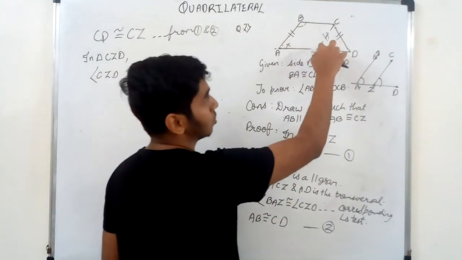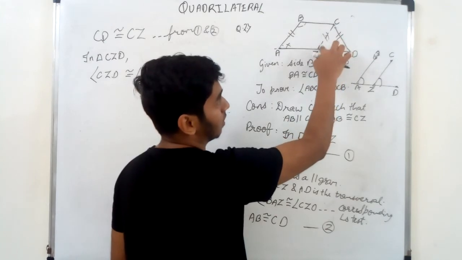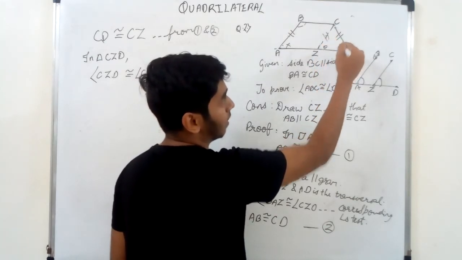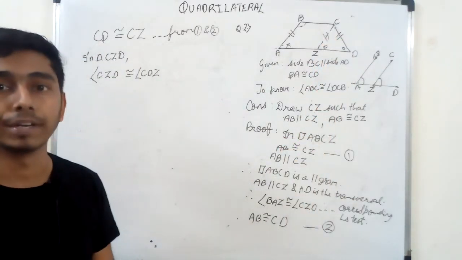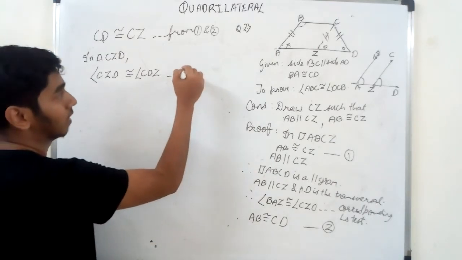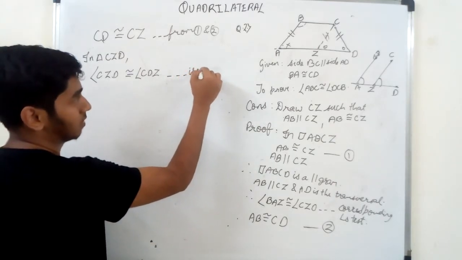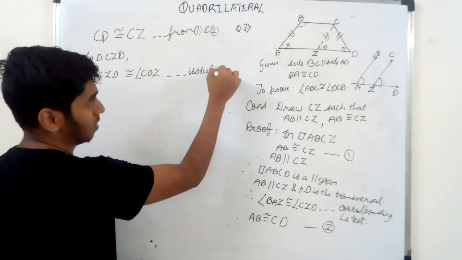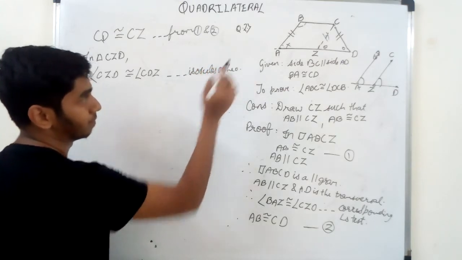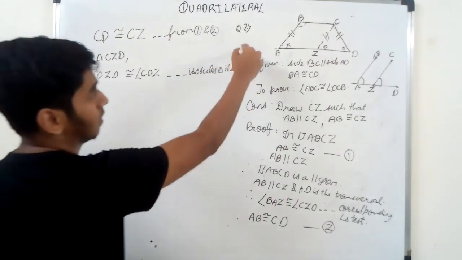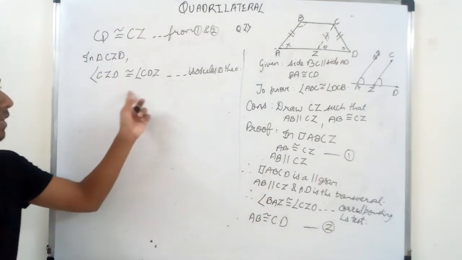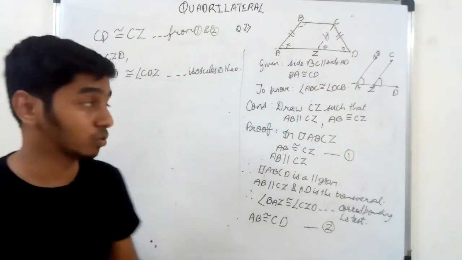Yes or no? So this angle and this angle, they will be congruent by the isosceles triangle theorem. So we get these two angles congruent also.